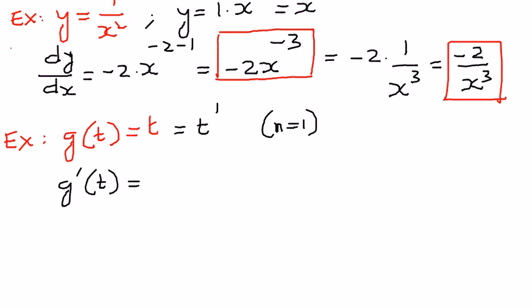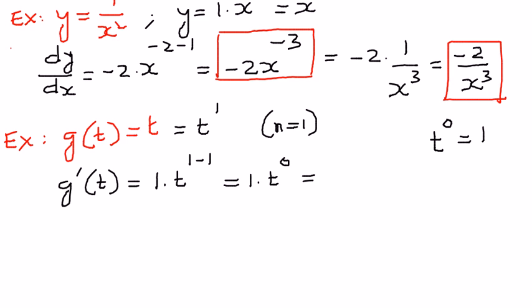Therefore, we can write this as 1 times t to the power of n minus 1, 1 minus 1. Therefore, 1 times t to the power of 0. Whenever any term is raised to the power of 0, that value is going to be equal to 1.